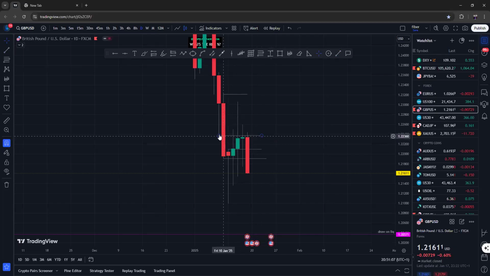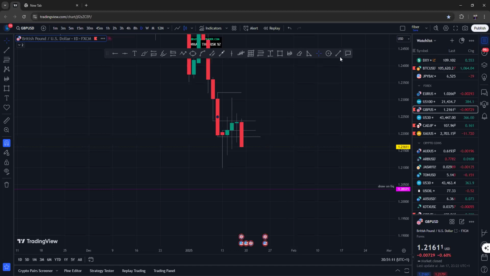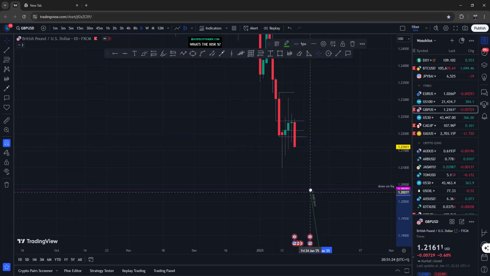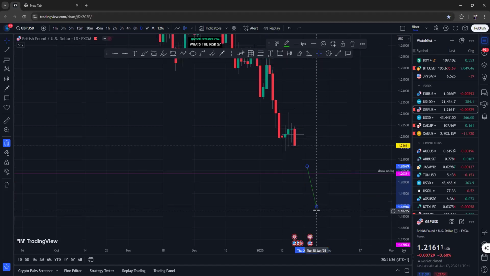That's good for this PD array. So we had price closing back below this candle. That's a good thing as well. So from here, coming down to this, take out this low. We're taking out the low on the weekly low this week.